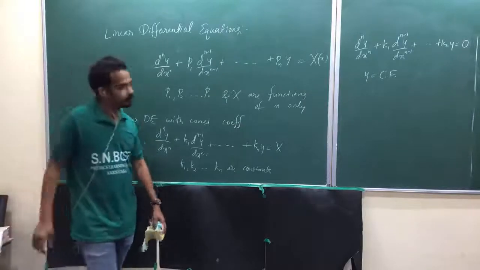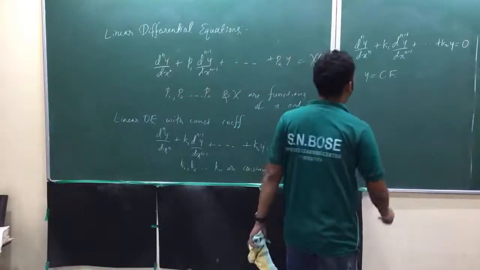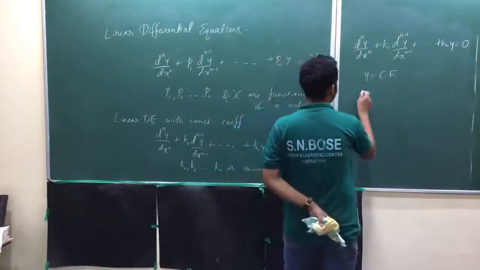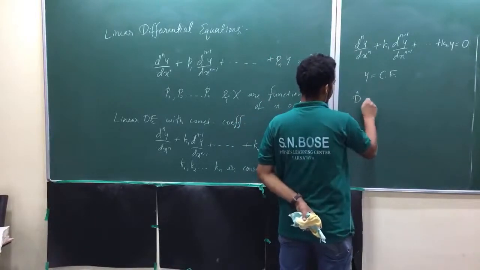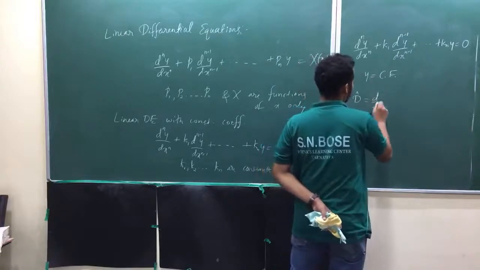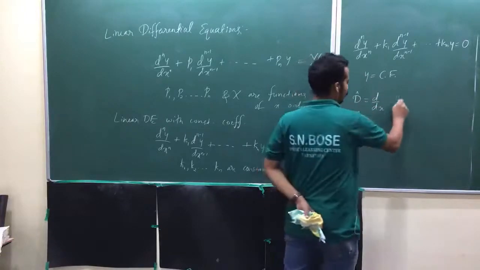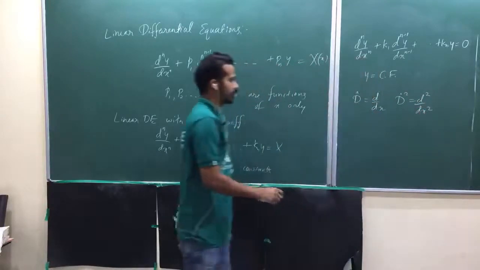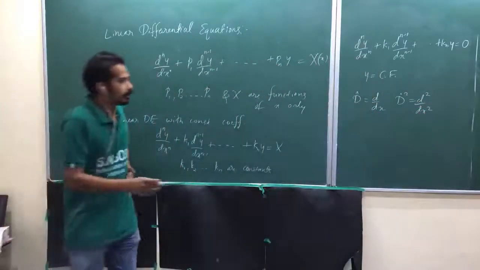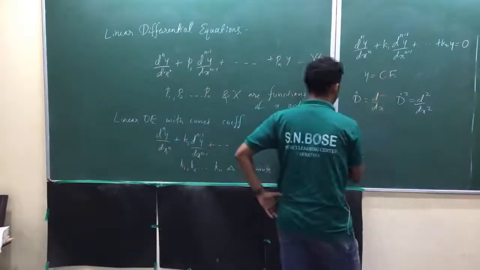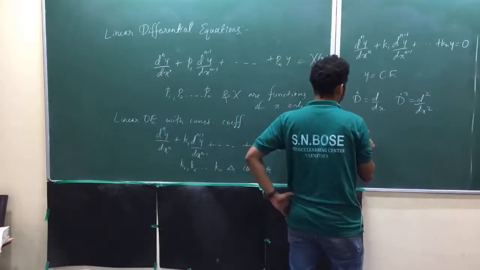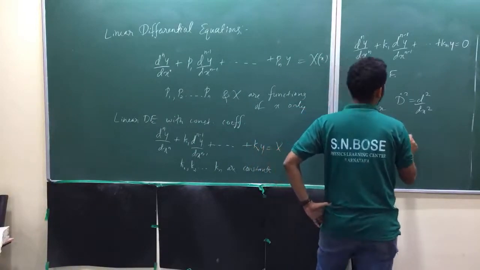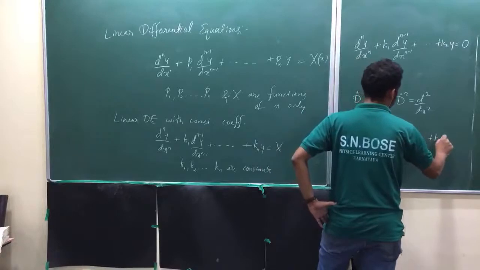So now look here. To find this complementary function, you have to define an operator first, D cap, that is equal to d by dx. So D cap square is equal to d square by dx square, the second derivative operator. Now writing this whole thing in terms of D cap raised to n y plus k1 D cap raised to n minus 1 y plus and so on up to kn y is equal to 0.